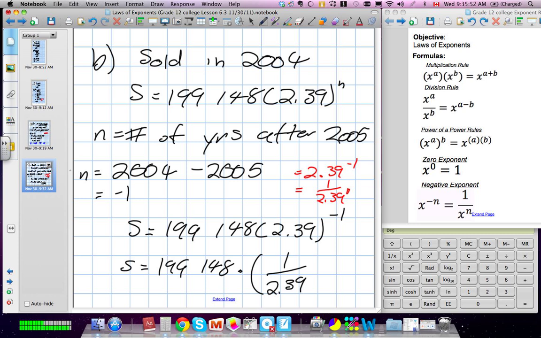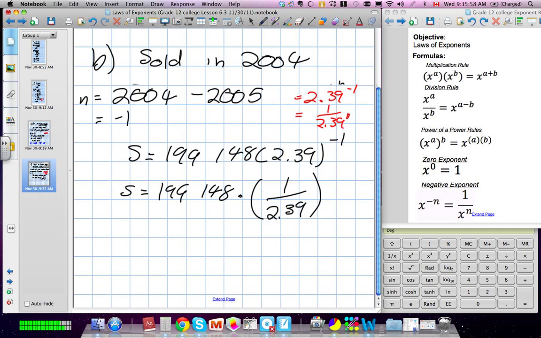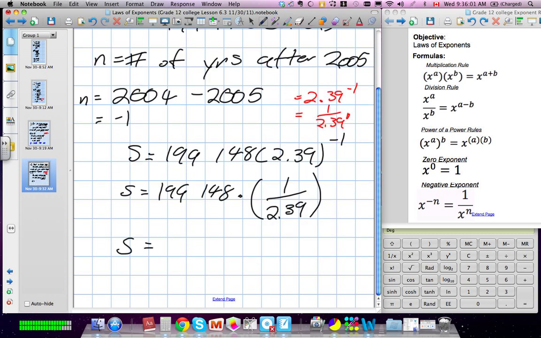Okay. Now, I can put each of these into my calculator and try to solve that. Or I can use fraction rules to multiply. If I was to use a fraction rule to multiply, 199,148 as a fraction just goes over 1. And when we multiply fractions, we multiply the top by the top and the bottom by the bottom. So we could change this question around.